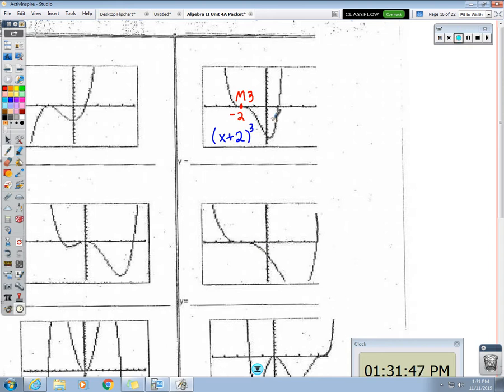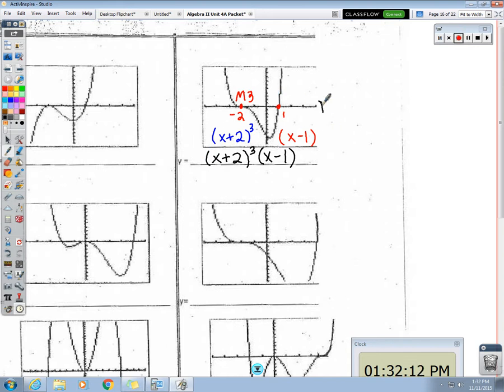Now over here, it crosses right through the x-axis at 1. So what would its factor be? X minus 1. So now, which one will we write first down here? Right, you always write the multiplicity one first, and then the other. Okay, anything else needed? We don't need a negative sign because our graph is positive.